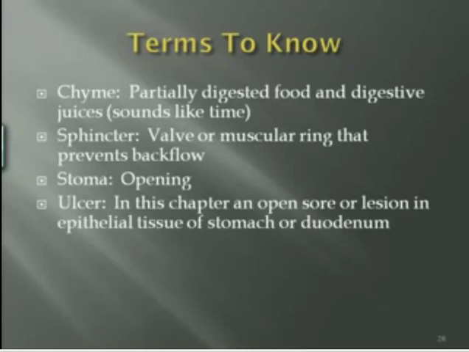Sphincter is a valve or muscular ring that is supposed to prevent backflow. Someone might have heartburn because one of those sphincters in the stomach is not preventing the backflow. Stoma is an opening. Ulcers, now we had ulcers in the integumentary system. Again, it is a lesion of epithelial tissue, but in this case of the stomach, the duodenum.